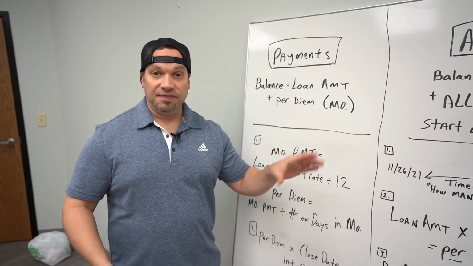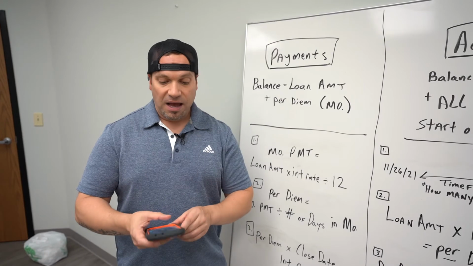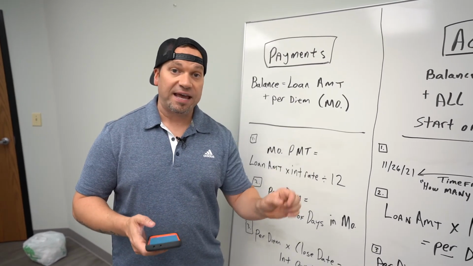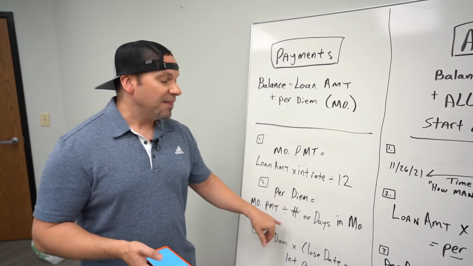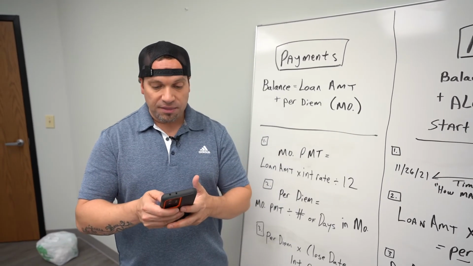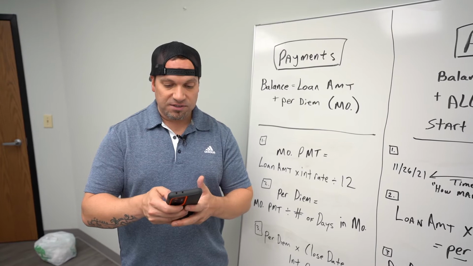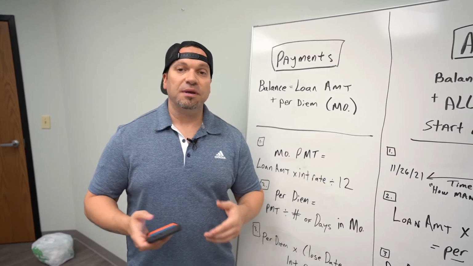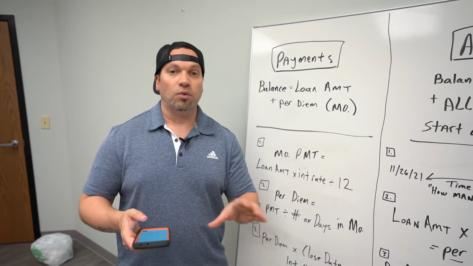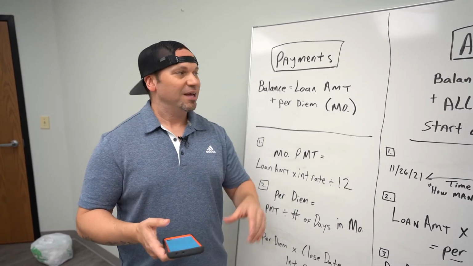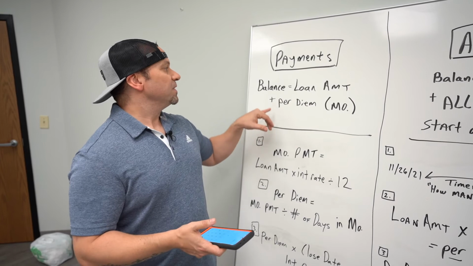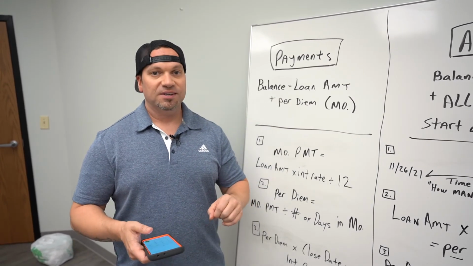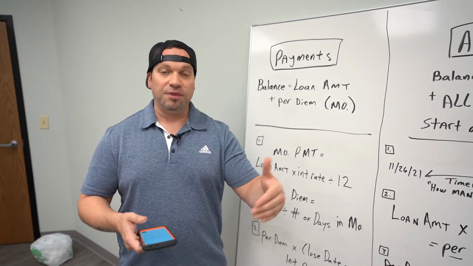So we found our monthly payment, divided it by the number of days in the month. In this example, that's going to be, like I mentioned, $26.88 per day. And then if we're closing on the 15th of the month, you take your $26.88 and just times that by 15. And that's going to be $403.20. You can run the math yourself, but in this example, essentially we borrowed $100,000 at 10% interest, and we paid $833.33 per month.